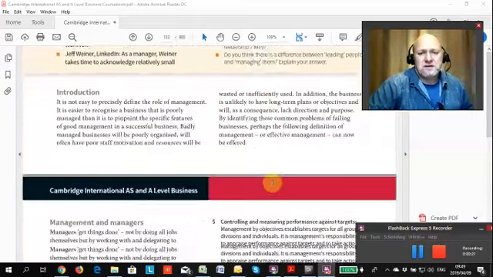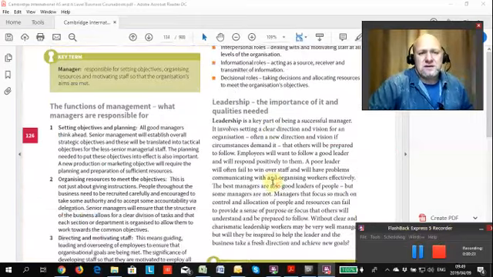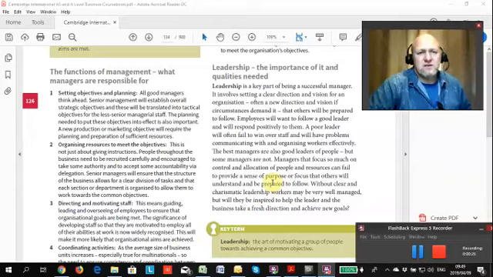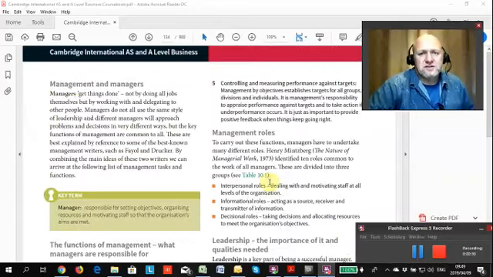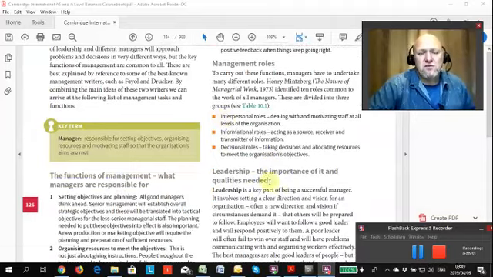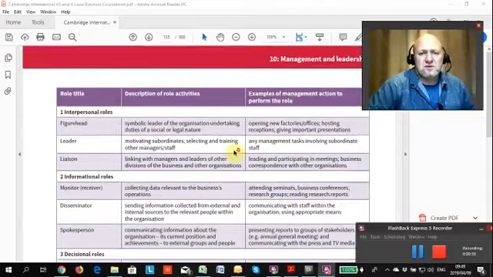Right. So in chapter 10 on page 126, we go through the five functions of a manager. Then we look at the three different roles that the manager plays: interpersonal roles, informational roles, and decision roles.